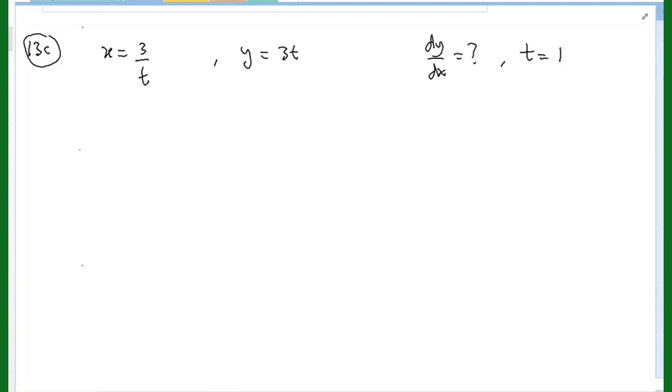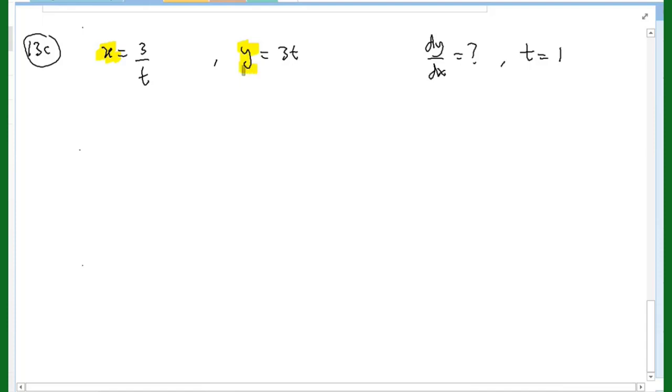13C. Given x is 3 over t, y is 3t. Find dy dx at t equal to 1. If you check parameters, normally the variables are x and y.